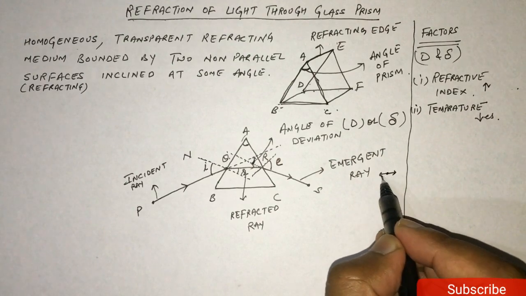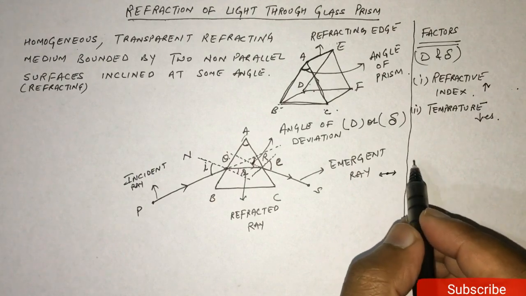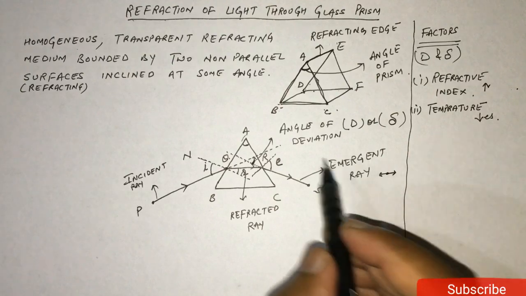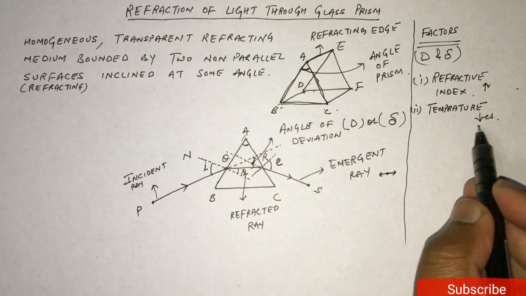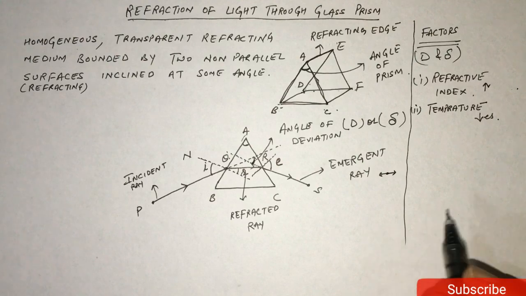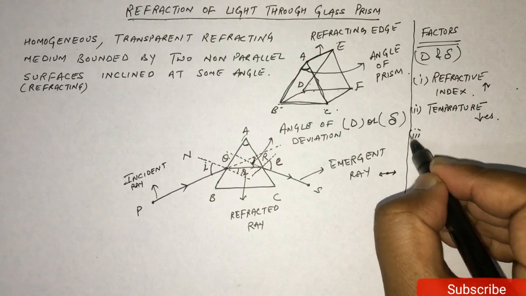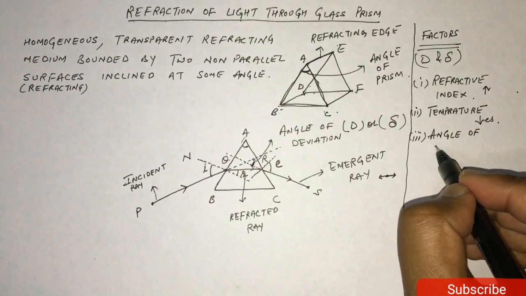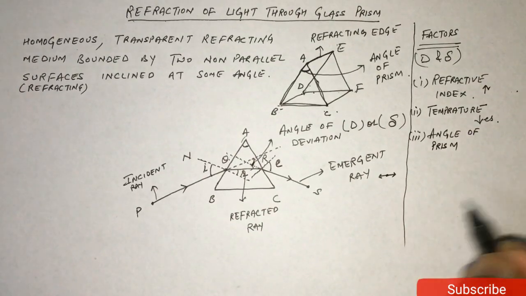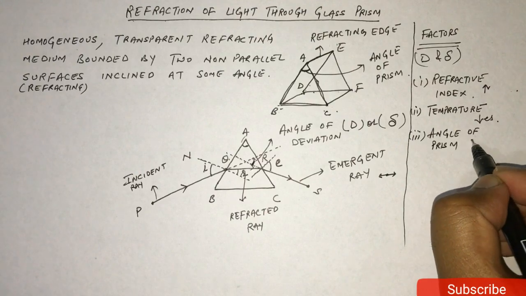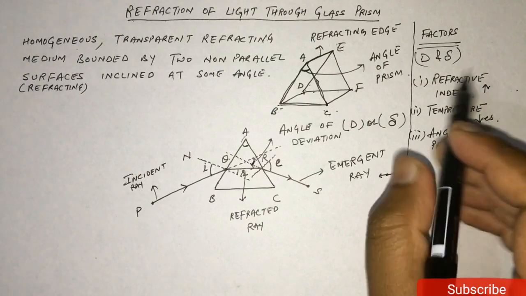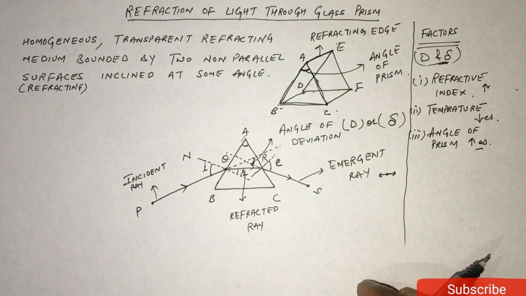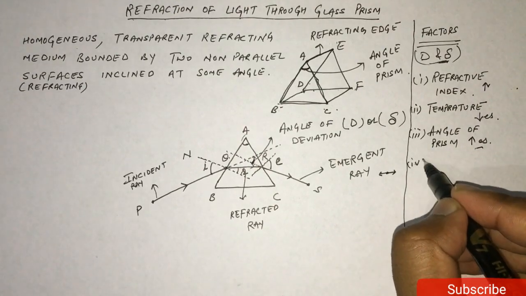So if the distance between the particles increases, in that case the density decreases, means refractive index decreases, so the angle of deviation also decreases. Clear? Third, angle of prism. With increase in angle of prism, the angle of deviation also increases. Clear?